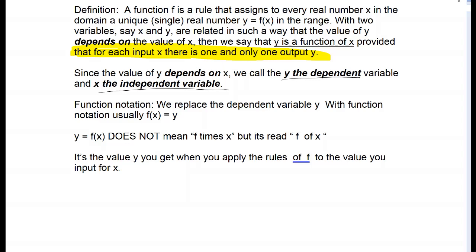Again, when you first introduce this function, you usually talk about it in terms of a machine. The function's the machine. x would be the raw materials that I put in the machine. The machine's going to do something to x, and then I get a single output once I apply my rules. So a single input with a single output. y again is the dependent, x is the independent. Again, it's read f of x.